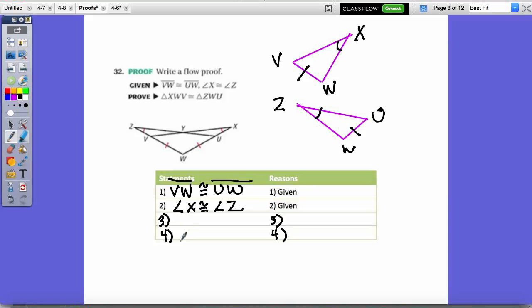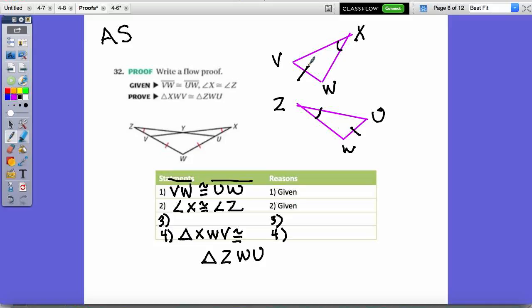I'm eventually going to prove that triangle XWV is congruent, did I say angle? Sorry. Triangle XWV is congruent to triangle ZWU. So right away, I have an angle and I have a side.